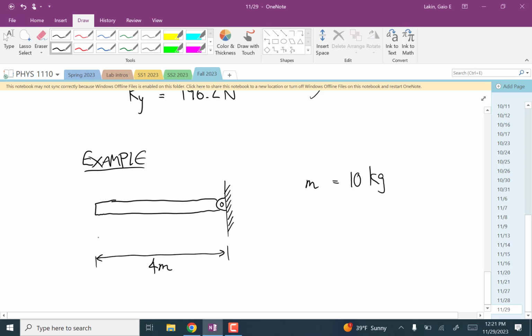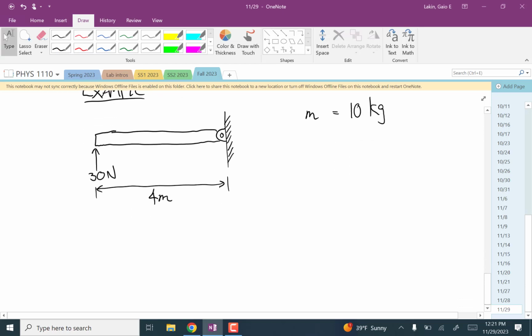And let's say that there is a force applied this way of 30 newtons. What's the angular acceleration of the board?